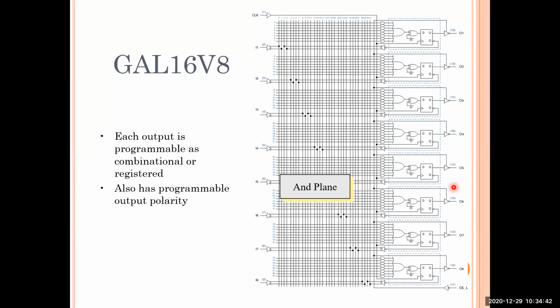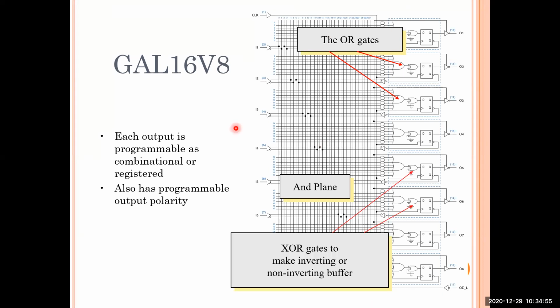This is regarding the AND plane and OR plane. You can see the OR gates have been used over here, and these are the XOR gates, used to make inverting or non-inverting buffers. So this is how the complete GAL will look.